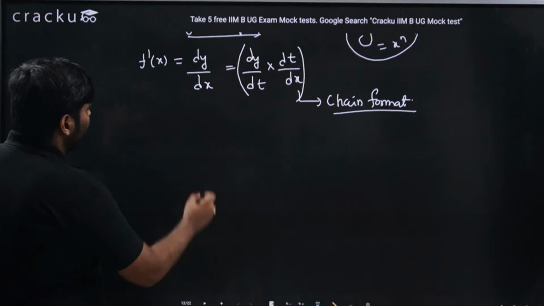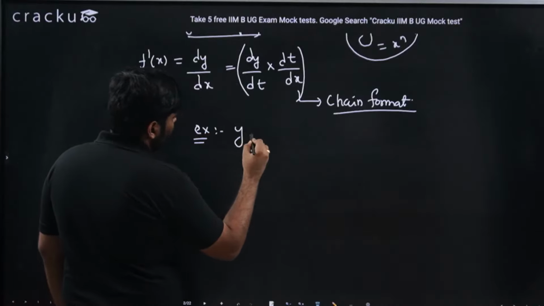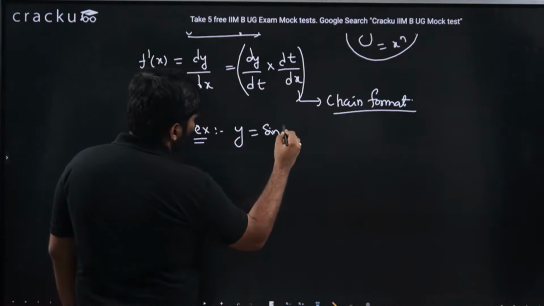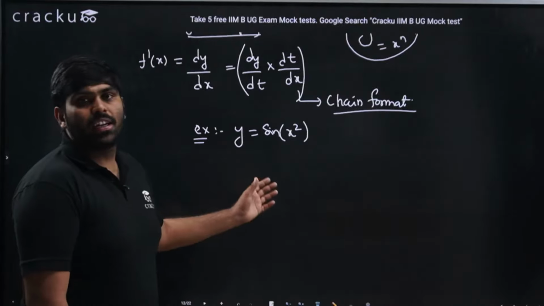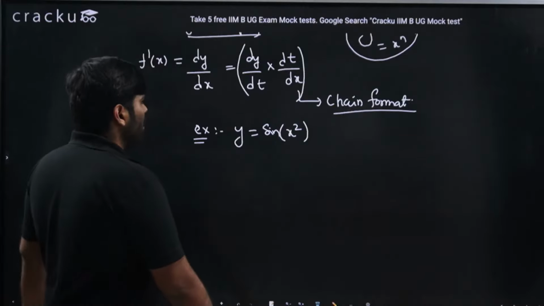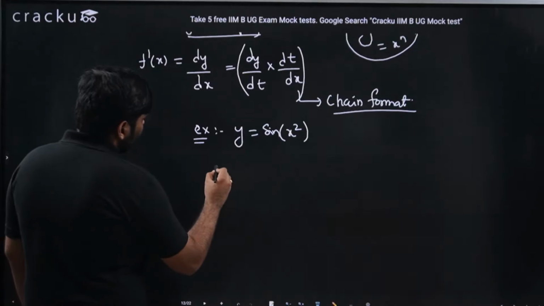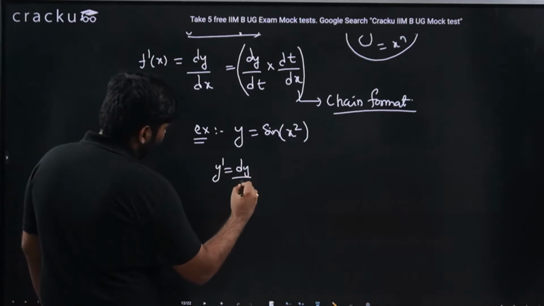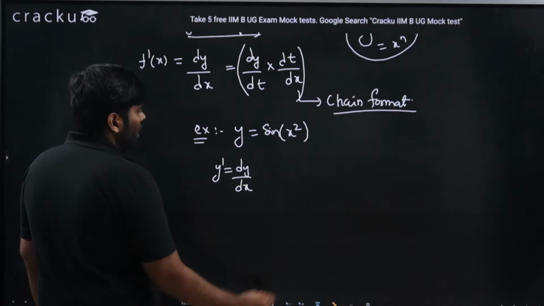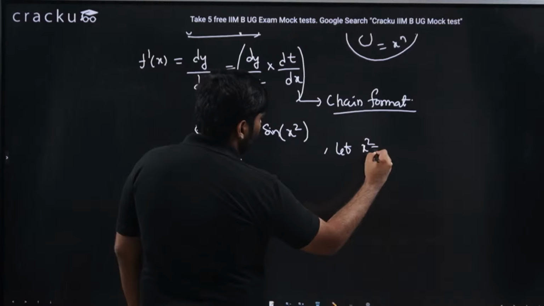Let's take an example. How do we differentiate y equals sine of x square? Here y dash is nothing but dy by dx. The way to solve this is to let x square equal t.